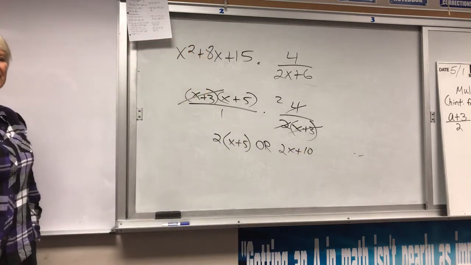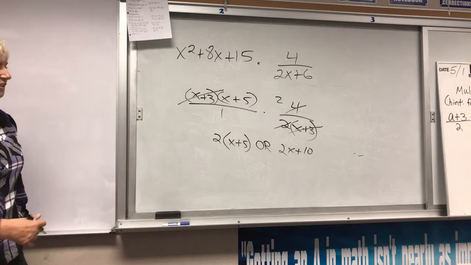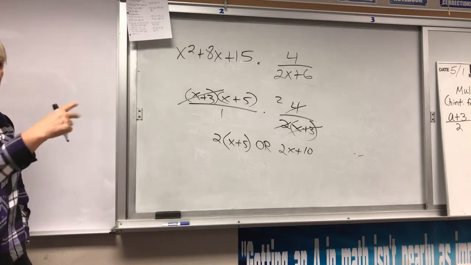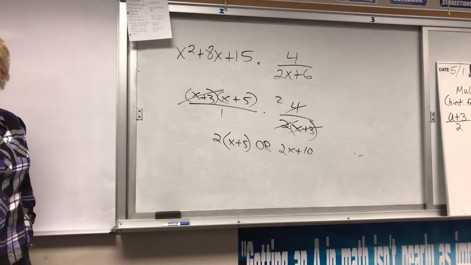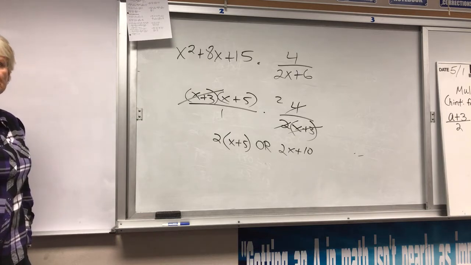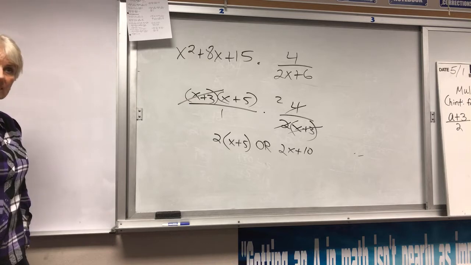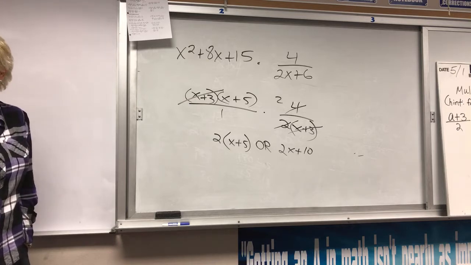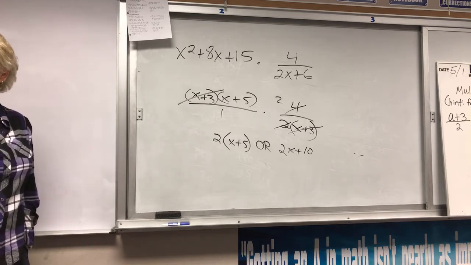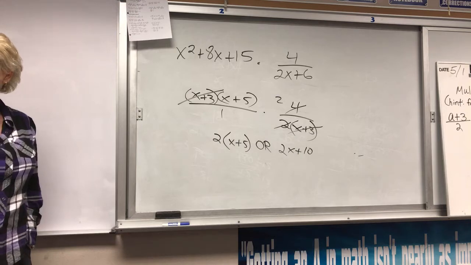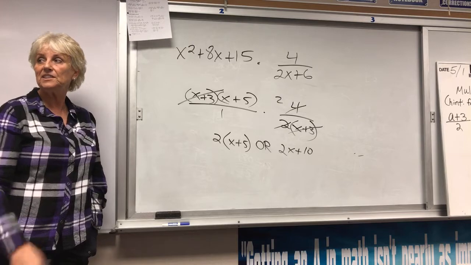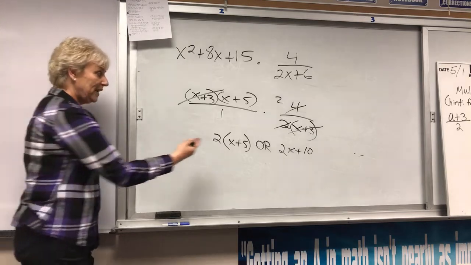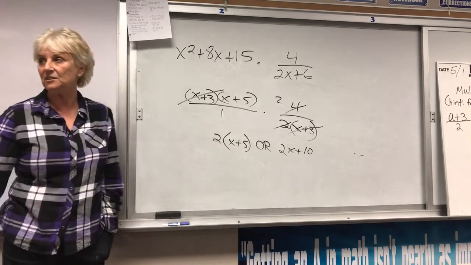You need both. Because you're going to have two algebra teachers that don't agree. They've been telling us to leave it in factored form. And Cole Savage is making them put 2x plus 10 because she said if there's a multiplication here, you're supposed to change it to addition.